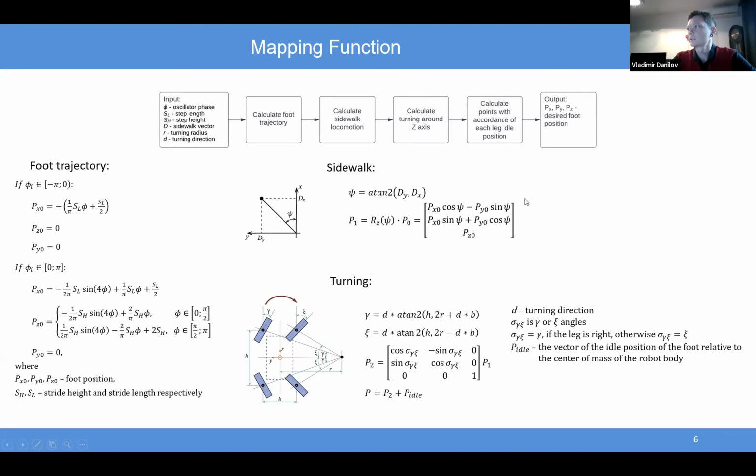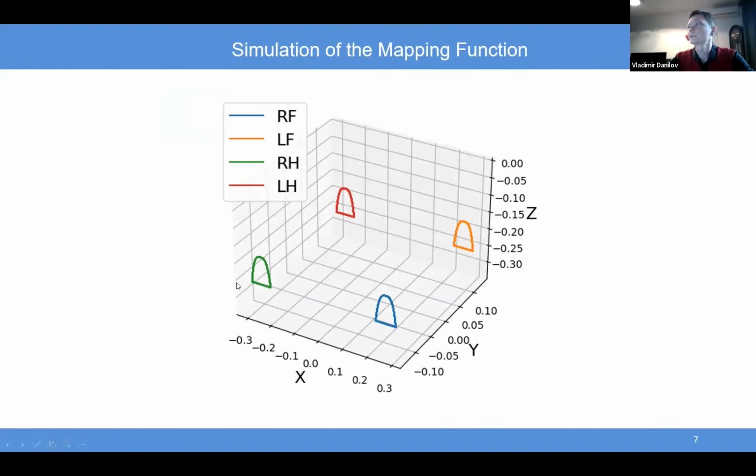We just need to use these equations. And to make turning of the robot, we need to calculate these ones. And at the end, we should make a transition from a foot coordinate system to the robot coordinate system. Here are the simulation results of this block.